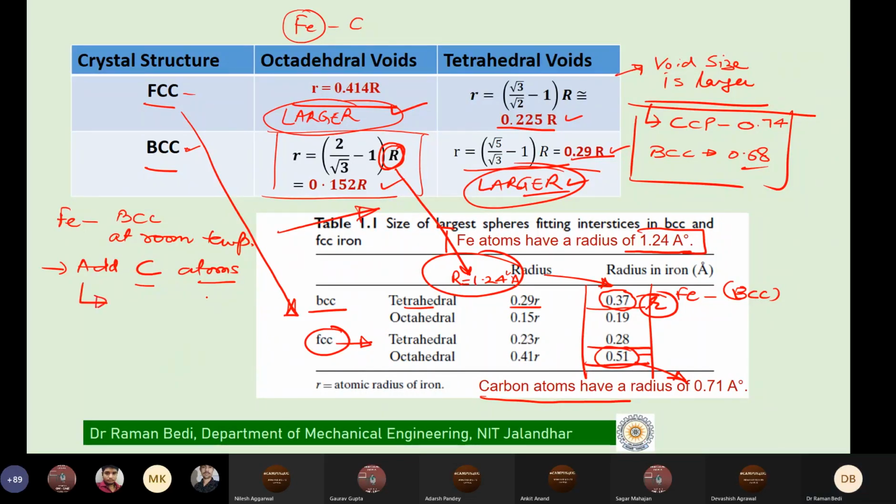And obviously the carbon atom size is 0.71 angstrom. So in its BCC form, carbon atoms will prefer to settle in which voids?